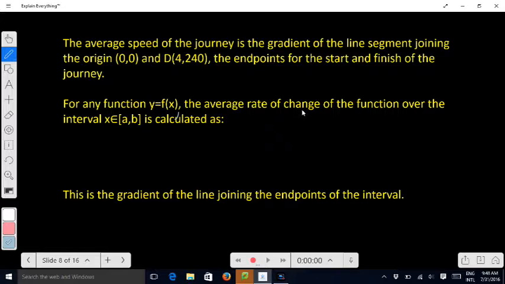We have f of b take f of a, divided by b take a. So that just comes from our y2 take y1 over x2 take x1. We're just putting it into terms of our function. So f of b would calculate that y2 part.